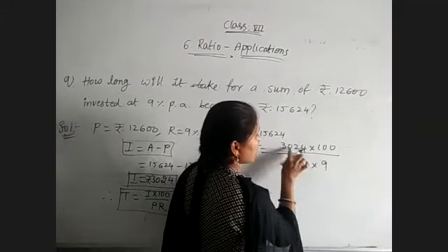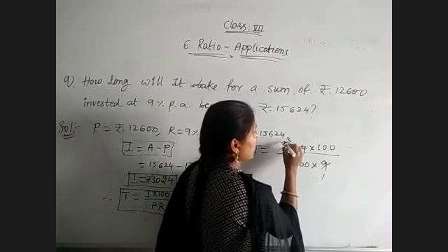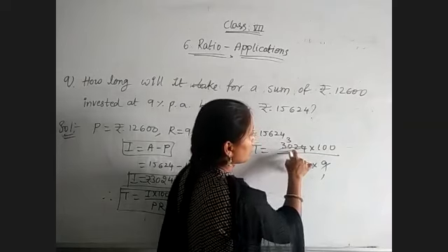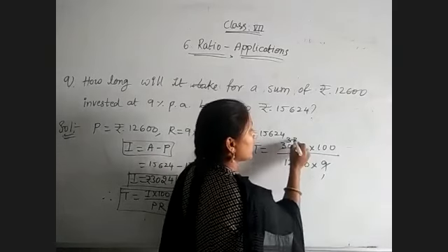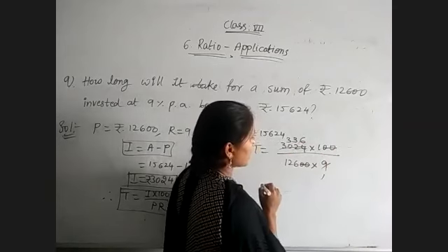So both can cancel in the 9 table. 9 ones are 9, 9 3s are 27, 9 6s are 54. 2 zeros will get cancelled.